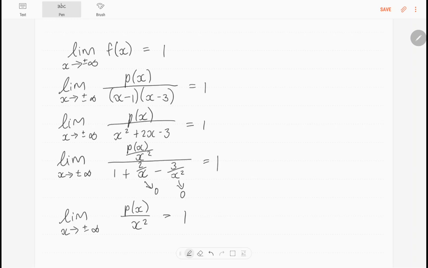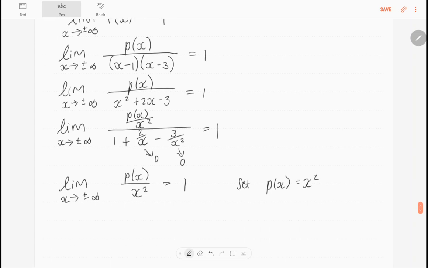And that means that we can set p of x equal to x squared, because then we have the limit as x approaches plus or minus infinity of x squared over x squared, which is just 1, which is equal to 1.